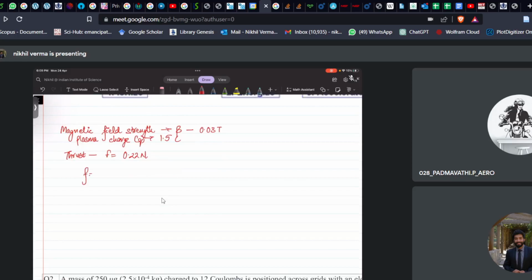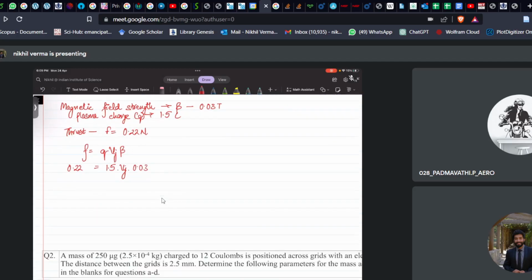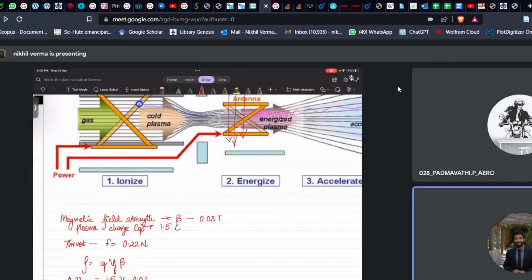So the thrust equation is given as Q Vj B. So we have 0.22 = 1.5 × Vj × 0.03. With this, Vj can be calculated as 4.88 meters per second.